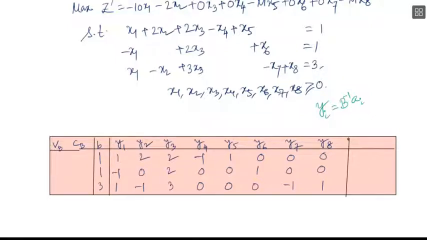Now we have to put the cost coefficients in the objective function. Those are -10 for x1, -2 for x2, 0 for x3, 0 for x4, -m for x5, 0 for x6, 0 for x7, and -m for x8, and the last column is for minimum ratio.